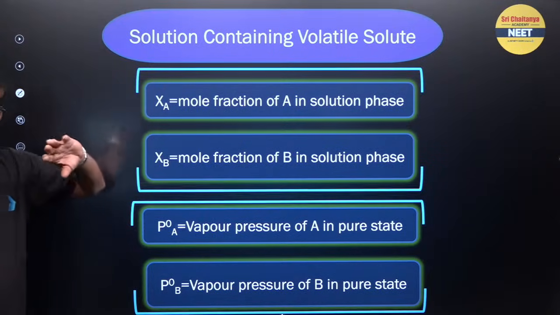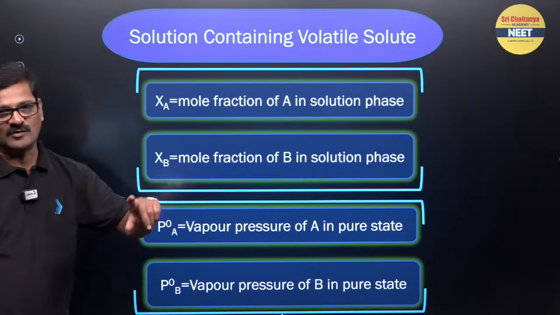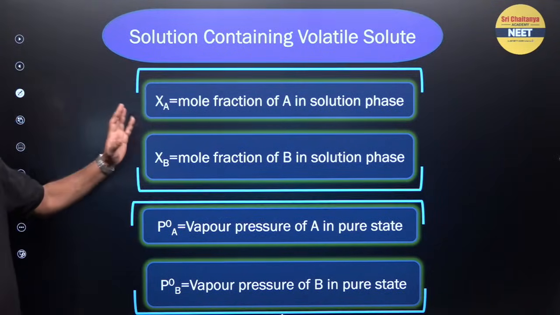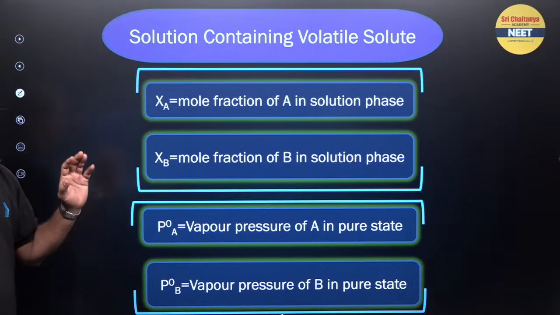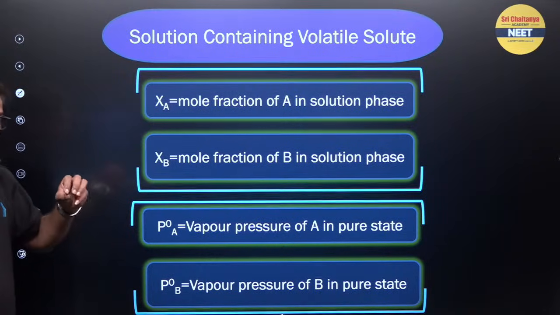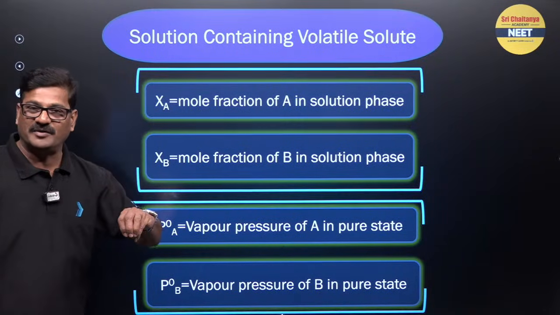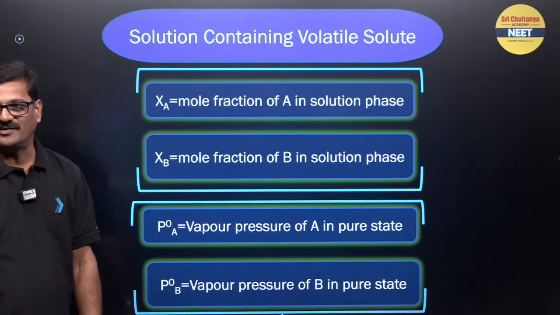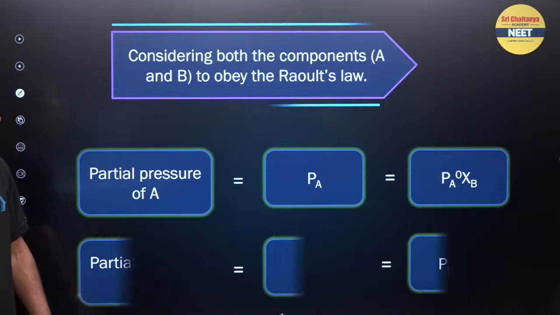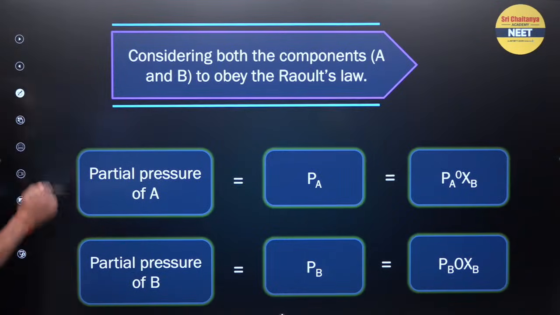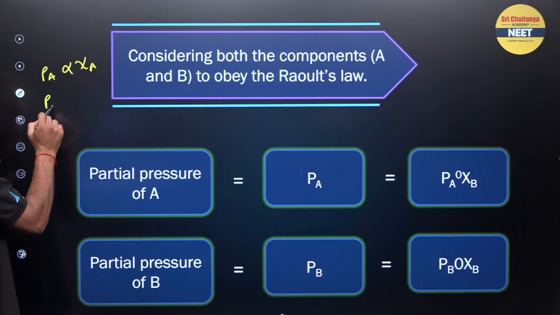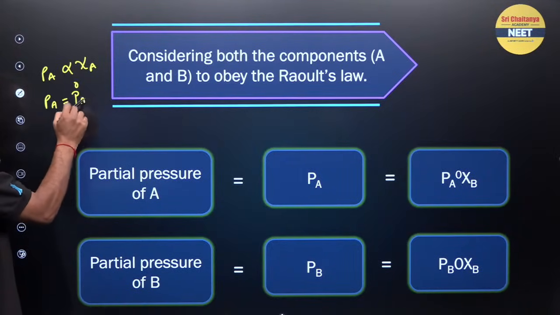Solution containing a volatile solute and a non-volatile solute. So let's talk about the volatile solute. XA is the mole fraction of A, XB is the mole fraction of B, P°A is the vapor pressure of pure liquid A, and P°B is the vapor pressure of pure liquid B. PA is directly proportional to the mole fraction of A, and PA = P°A XA.